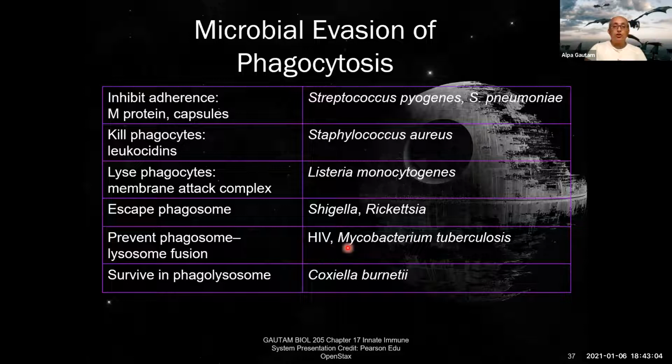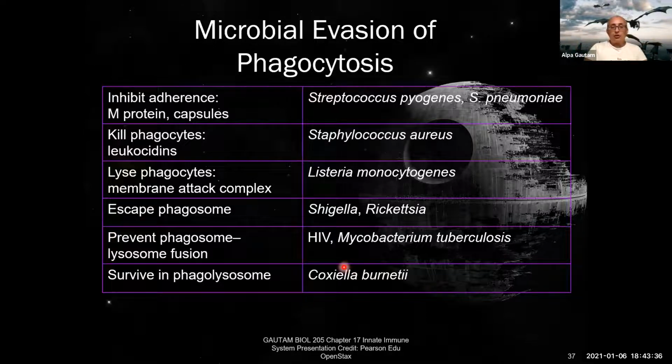But a virus rarely gets phagocytized because it sends its genetic information into our cells, so we rarely even detect it. But Mycobacterium tuberculosis prevents that fusion of the lysosome. So now it's hanging out within the phagosome in its little vesicle, and it can then get released from there and cause issues.